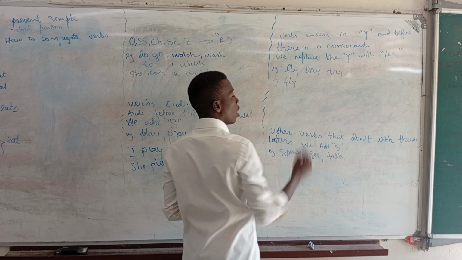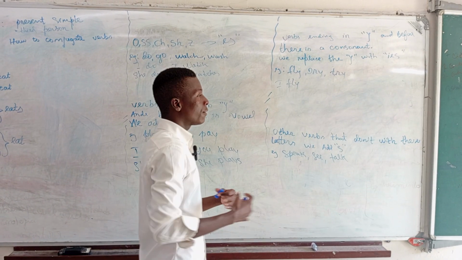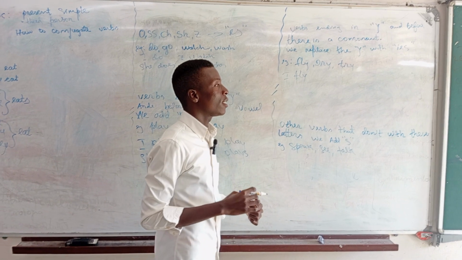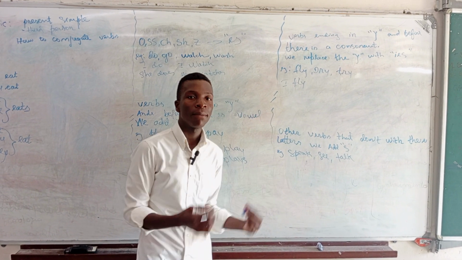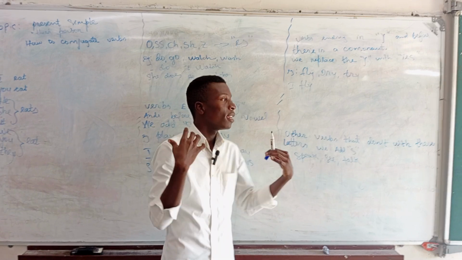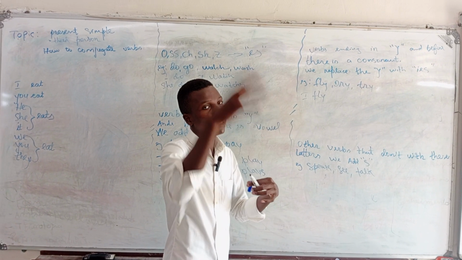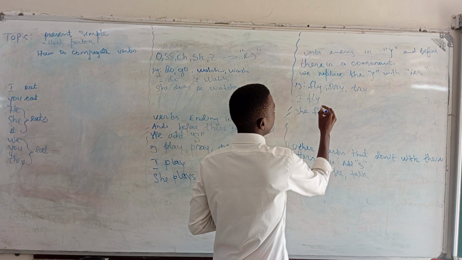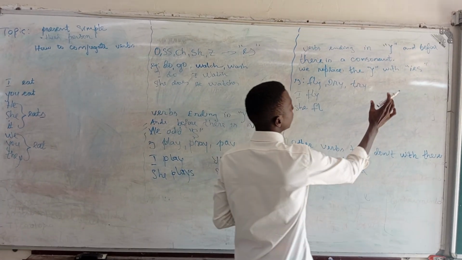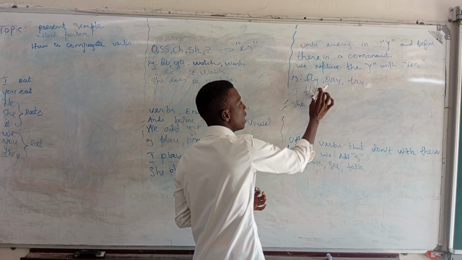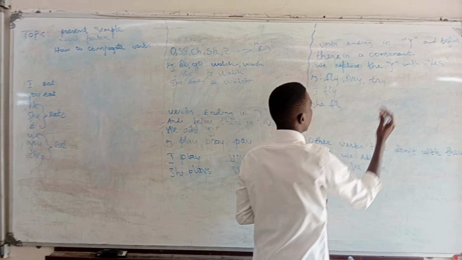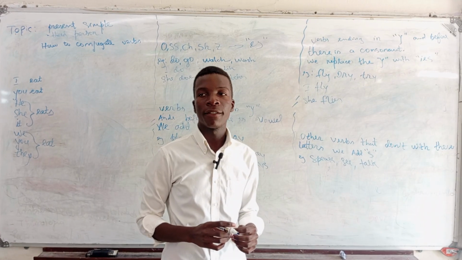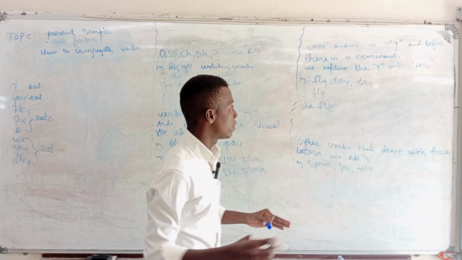I say I fly, although it's not true, but if I feel that I'm able to fly, I can say I fly. And if I have to say it about someone else, I would say she flies. We have to replace this y with ies. I will have to write flies. This is how we conjugate the verb in the third person in present.